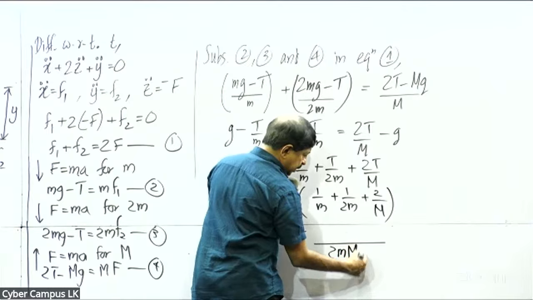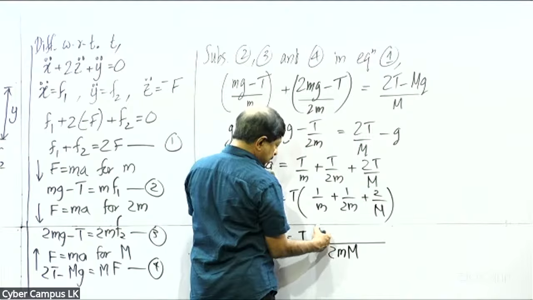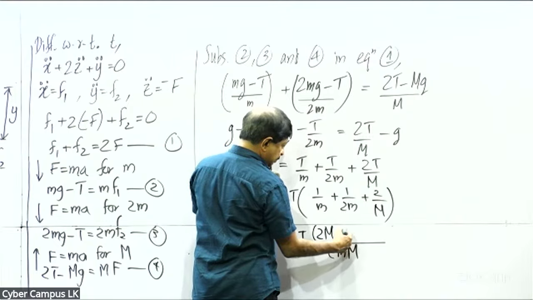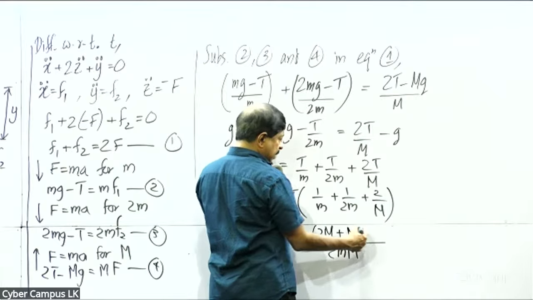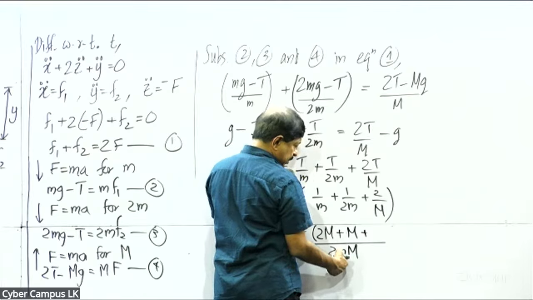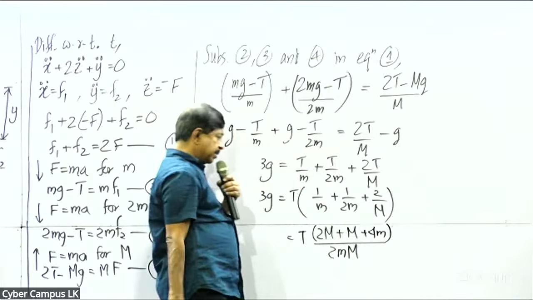Take this as the common denominator. So this is multiplied by 2 capital M, this multiplied by capital M, therefore multiply the upstairs by capital M. This multiplied by 2 simple m.